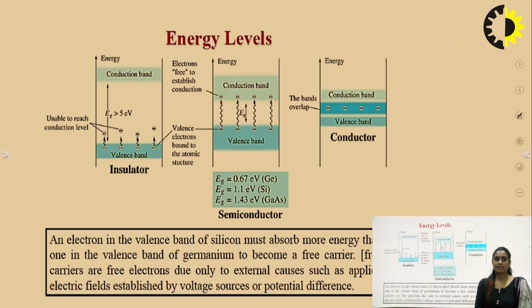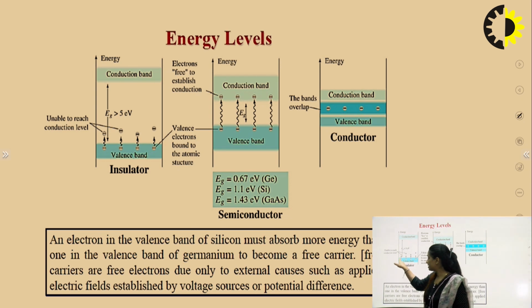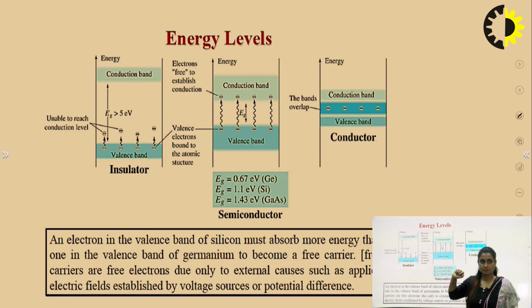Now we'll see energy levels and band gap for conductors, semiconductors and insulators. Let's talk about insulators first. I am representing here the valence band and the conduction band. These are two energy bands, represented by the shaded blue region.